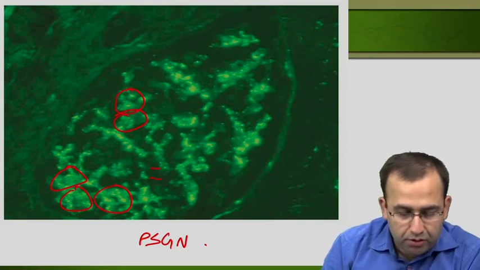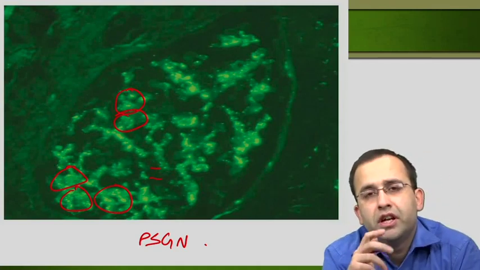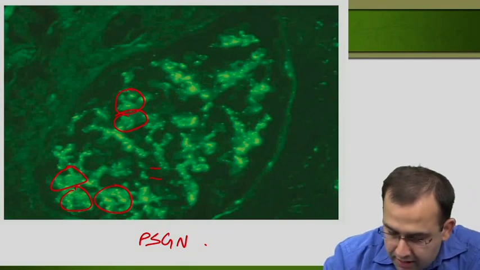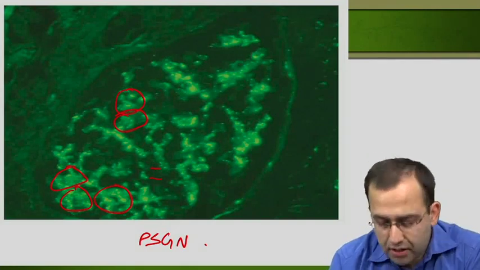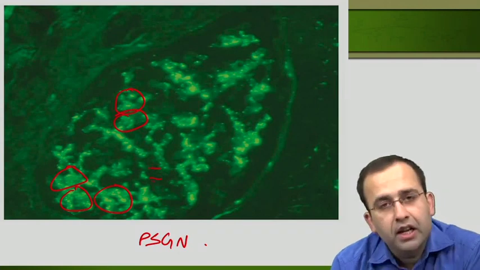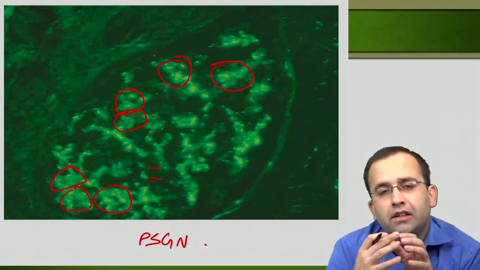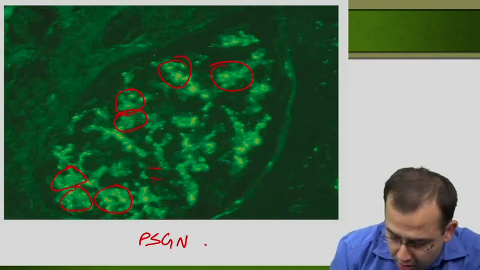That's a very good question. He has asked me how to differentiate PSGN from mesangial deposit of IgA nephropathy. When you see this, the singly scattered are less, there are more lumpy bumpy aggregates, and the glomerulus is almost full.